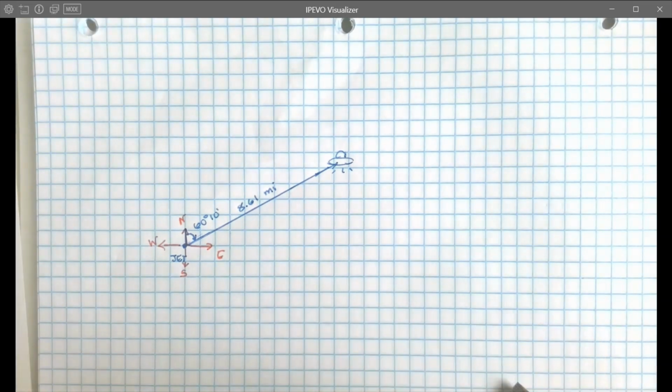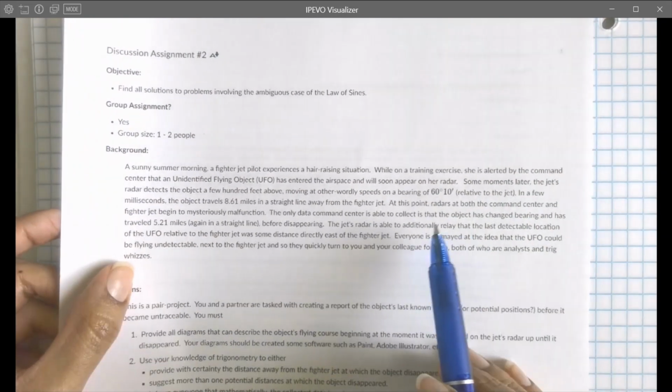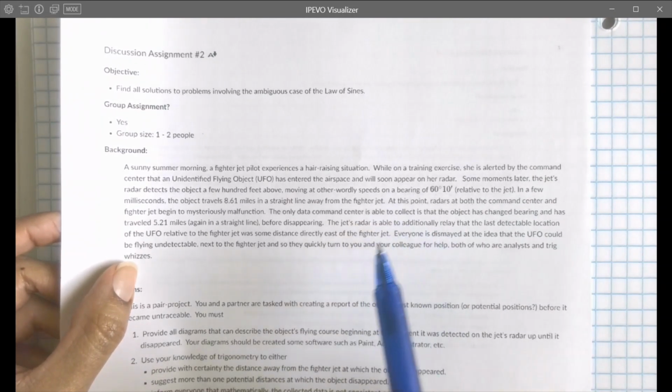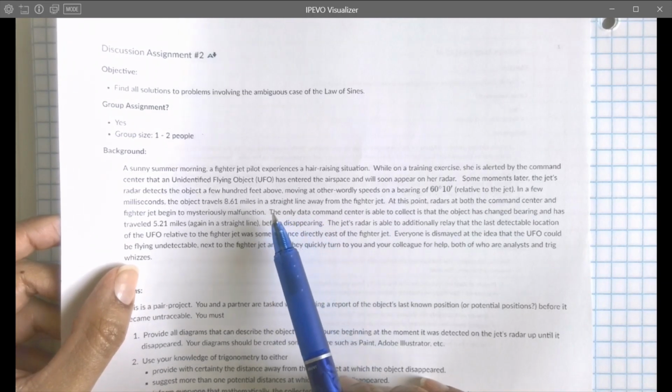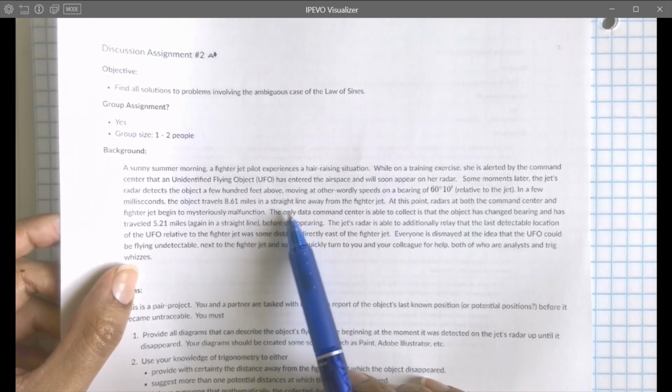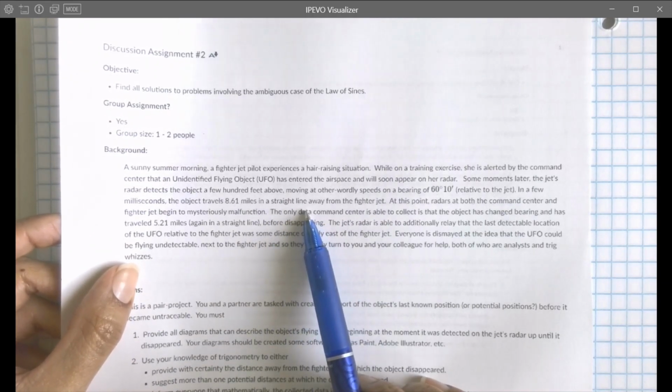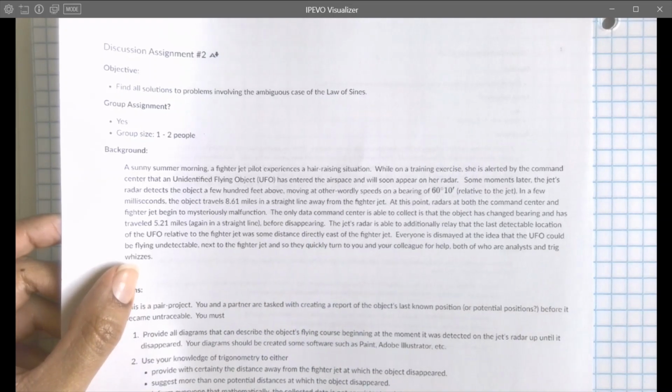Okay. Then what? After that last detection, the radars begin to malfunction, and the only thing that they're able to determine is that the UFO has changed direction and has traveled again, and it has reappeared.